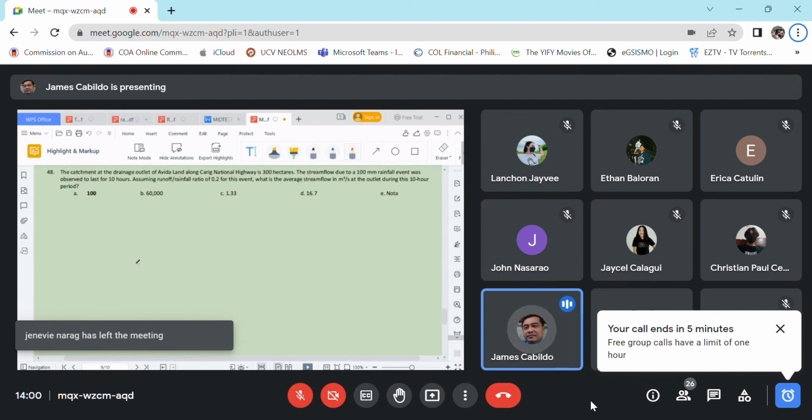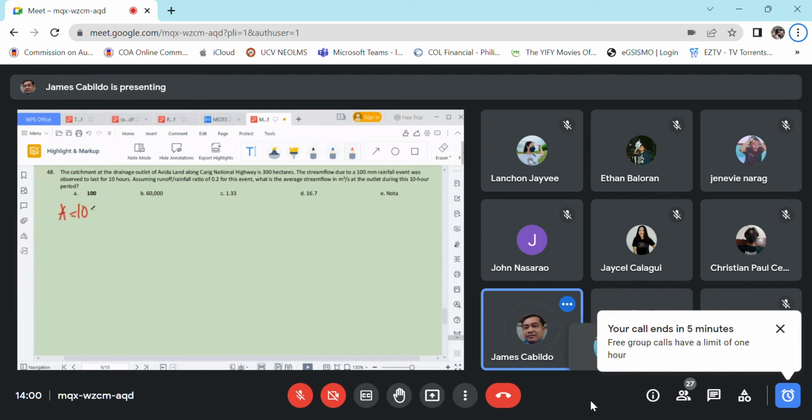So we have a given area which is 300 hectares, or 300 times 10 to the 4th square meters. Okay? So we have also a precipitation which is equal to 100 mm.